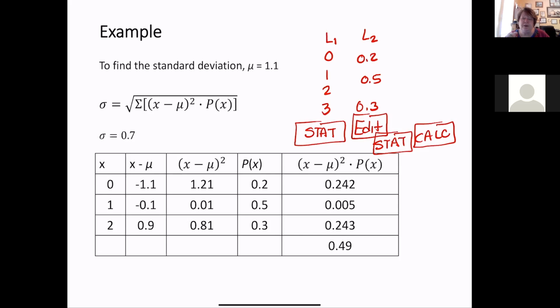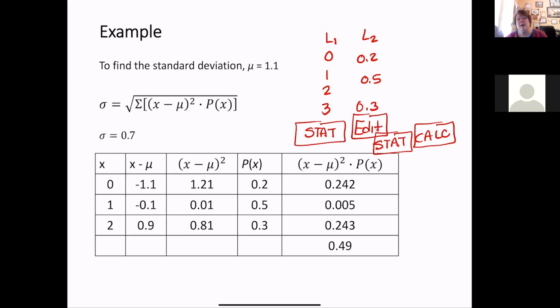So to do standard deviation by hand, what you have to do is first find the expected value, which we did, 1.1. Then you take each of these values your random variable can take on, and you subtract the expected value. So you take 0 and you subtract 1.1. You take 1 and you subtract 1.1. You take 2 and you subtract 1.1. Did we have a 3?